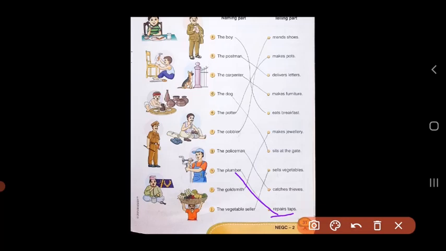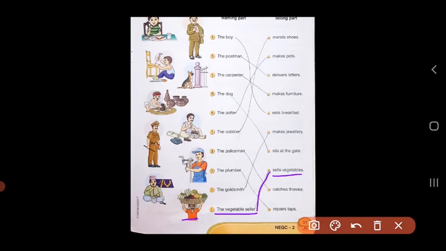So match that. Then the goldsmith. What does he do? The goldsmith makes jewelry. And the last one, the vegetable seller. He sells vegetables. So match it, and my new sentence will be the vegetable seller sells vegetables.